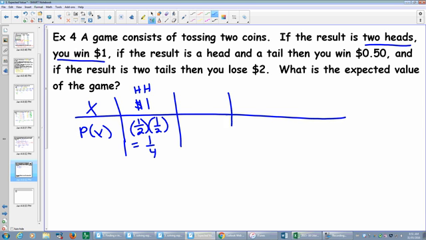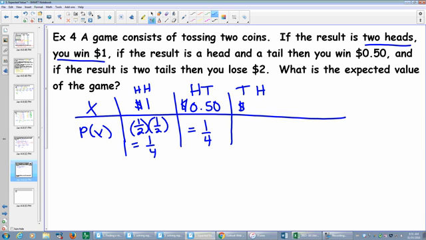So my next outcome here, if the result is a head and a tail, then you win 50 cents. What is the probability of me flipping a head and a tail? Joanna? Very good. 1/4. Now there's another version of this, because I also have to take into account when you toss 2 coins, I could also have a tail and a head.